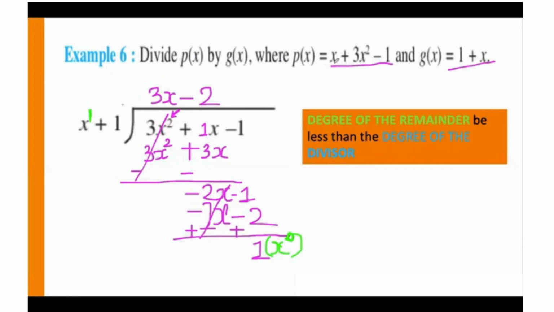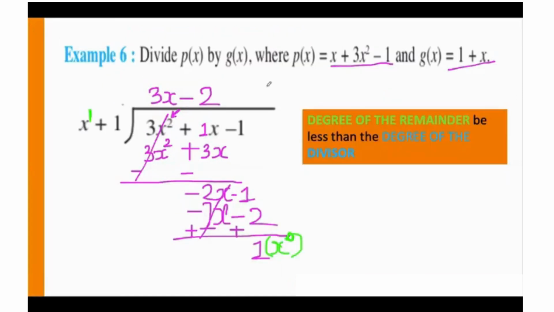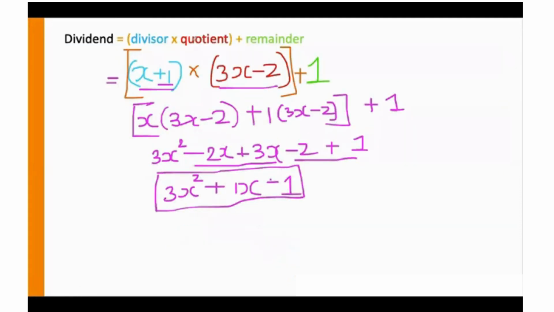So it is 3x squared plus 1x minus 1, and so you can see it is exactly the dividend which was given in the example. 3x squared plus 1x minus 1 is what you get when you multiply divisor and the quotient and add the remainder. So this works for polynomials as well.